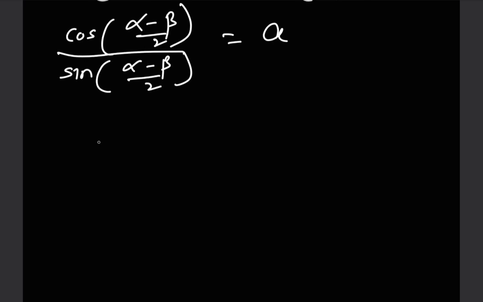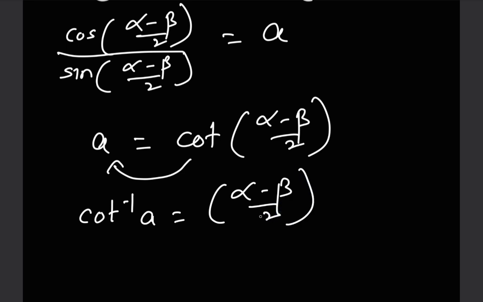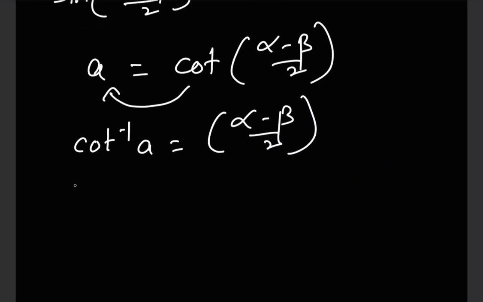Now what is cos by sine? It is cot. So this turns out to be cot of alpha minus beta by 2 is equals to a. Now take this cot over this side. This turns out to be cot inverse a is equals to alpha minus beta by 2. Take this 2 over there. 2 cot inverse a is equals to alpha minus beta.